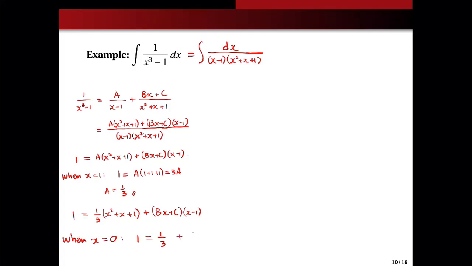Here you have c times x minus 1, so 0 minus 1, so times negative 1. And therefore, if we solve for c, we will have c equals 1/3 minus 1. I brought this guy to the left-hand side, that becomes positive 1 now, and then here I brought this to the right-hand side, so we have the minus 1 in here. So c will be equal to negative 2/3.